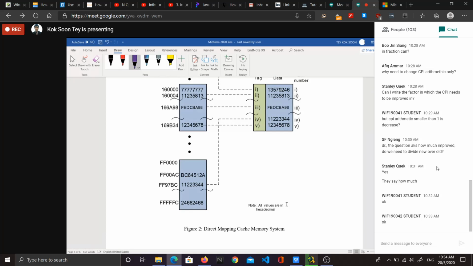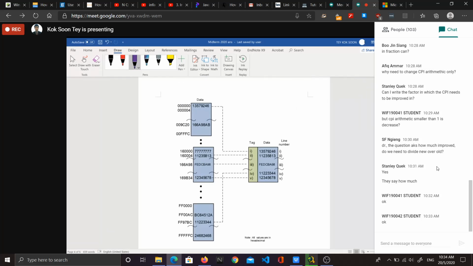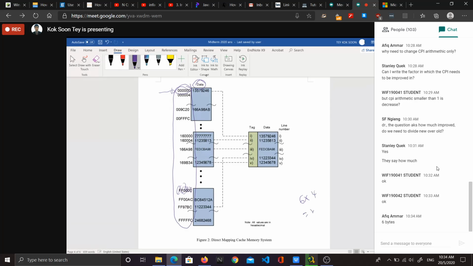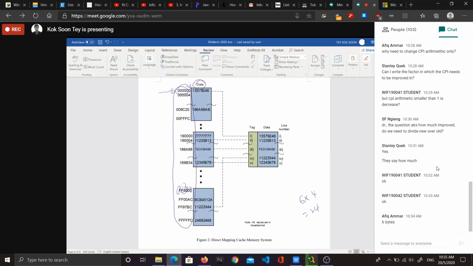Here is the address. When you refer to this figure, direct mapping, this part is the address. This part is the data. So this one is the address. So how many bits in the address? They are all in hexa numbers. So one hexa number equals 4 bits. So it's total 24 bits. So the address is 24 bits.